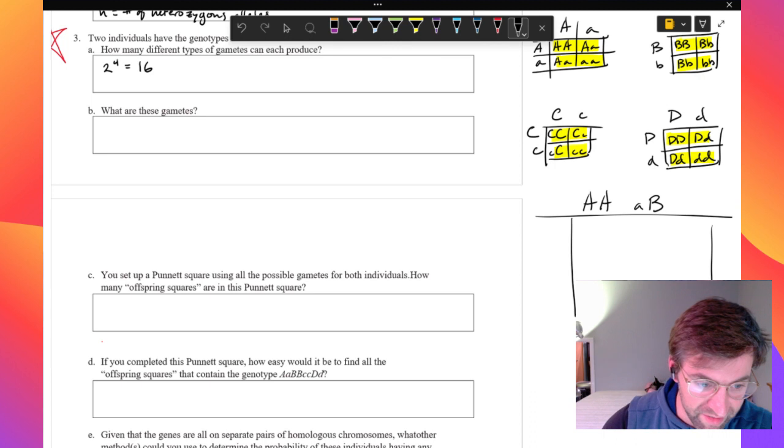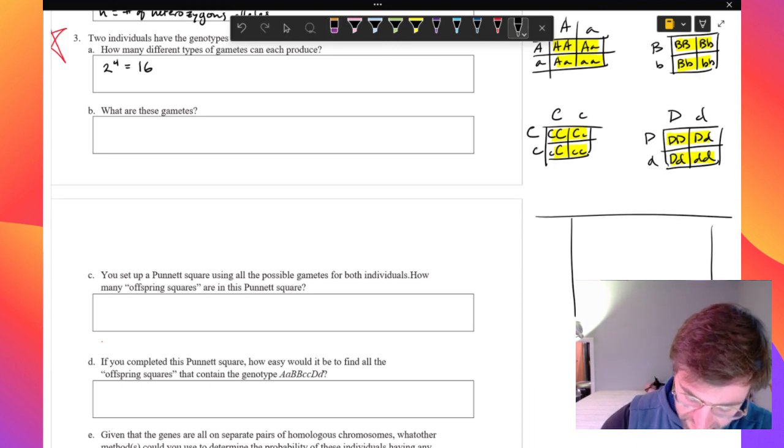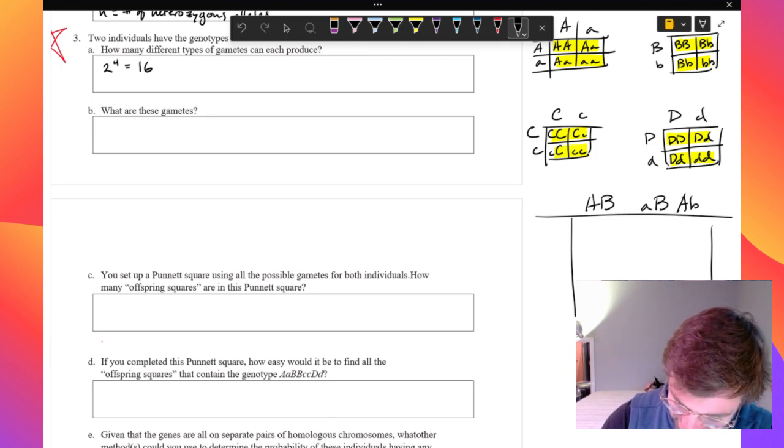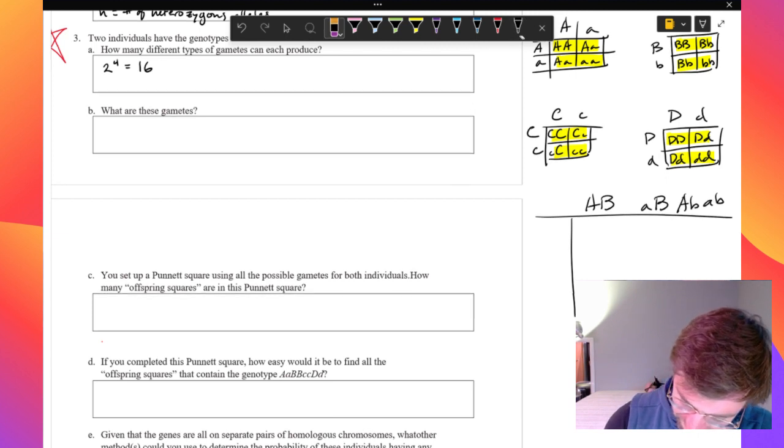and your ABs, or excuse me, your ABs with your ABs with your ABs with your ABs, right?